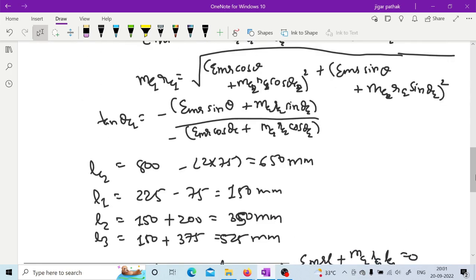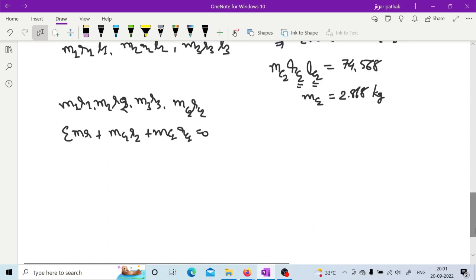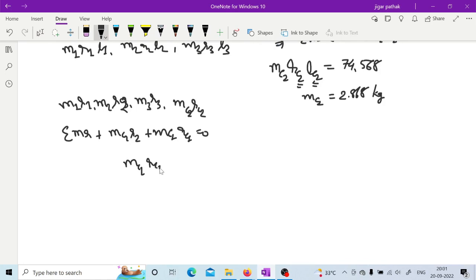Okay. So yes, let us see here. If you follow the same procedure here also, what you will get is MC1 RC1 will be equal to 235.63, and here also you are provided RC1, so you will be able to calculate MC1 as 3.14 kg.